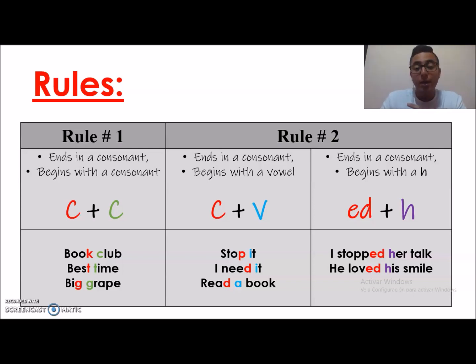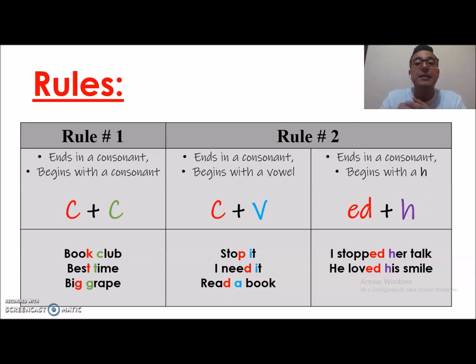Rule number 2. Here we have that there are two different categories, let's call it in that way. And the first one is that the word ends in a consonant and the following word begins but with a vowel, not with a consonant as in rule number 1. So here we have consonant, which is the red one, and vowel, which is the blue one.